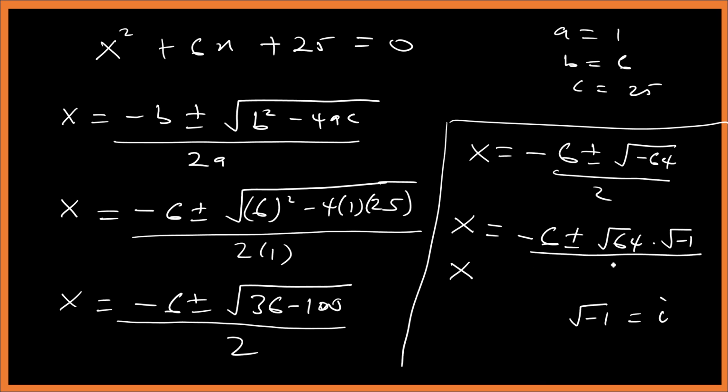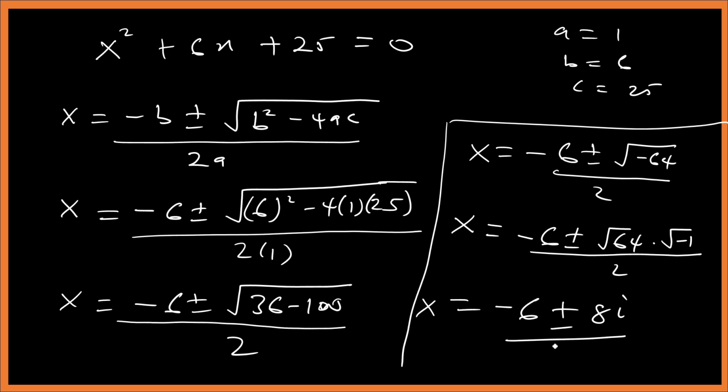So over 2, we have x equals minus 6 plus or minus 8i on 2. Same as minus 3 plus or minus 4i. So this one is complex, so rejected.